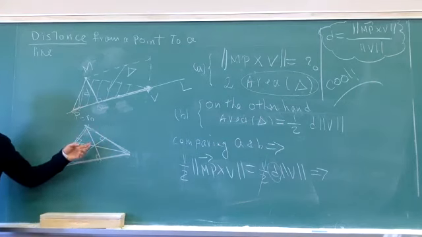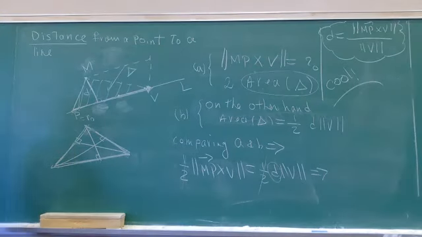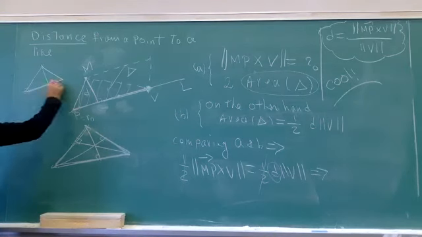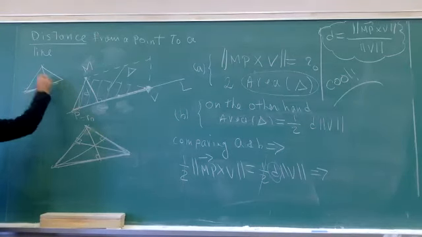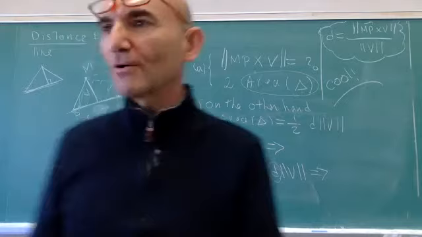Assuming that these are, what are those perpendicular lines called? In geometry, if I drop a line orthogonal to this, what is this line called? I know there's a word for it. Do you remember? Anyone from the audience at home remembers the word for that line?